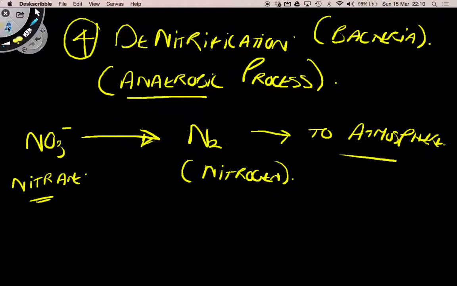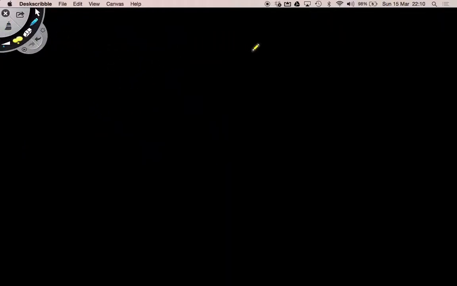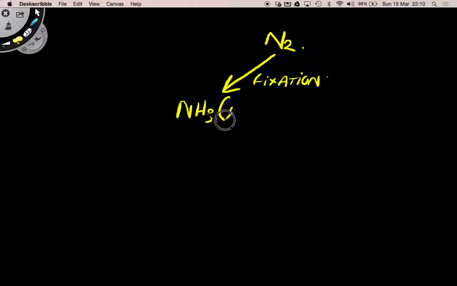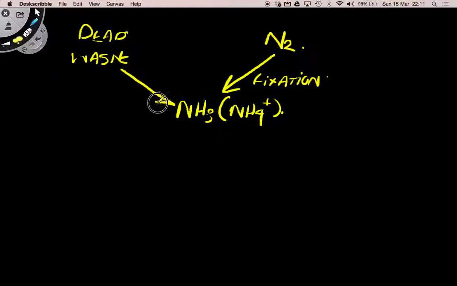So let's look at how this adds up. We have N2 in the atmosphere. Through fixation, we produce NH3, or the ammonium ion. We have dead stuff, or waste, which ends up becoming ammonia through ammonification.